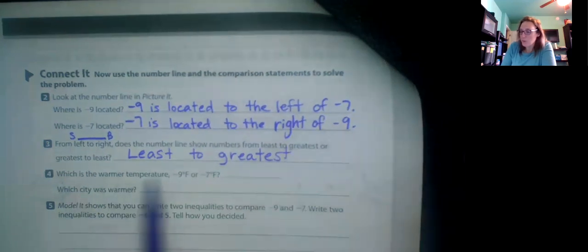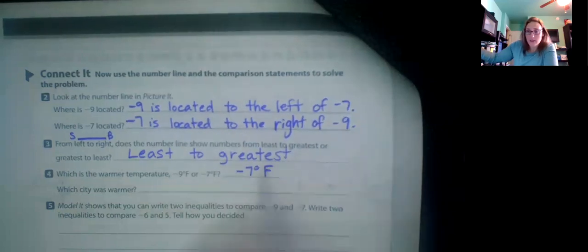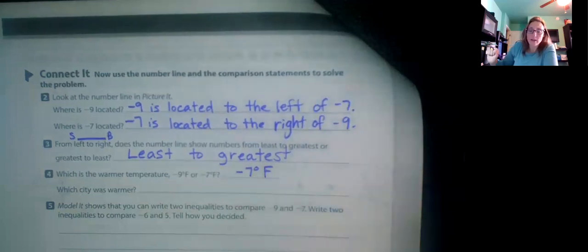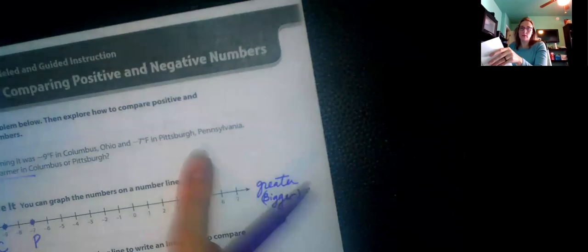So which temperature is warmer? -7 degrees Fahrenheit, right? Because it's closer to the right. It's on the greater side. So which city is warmer? So which city was -7? We look back, it was Pennsylvania, okay?